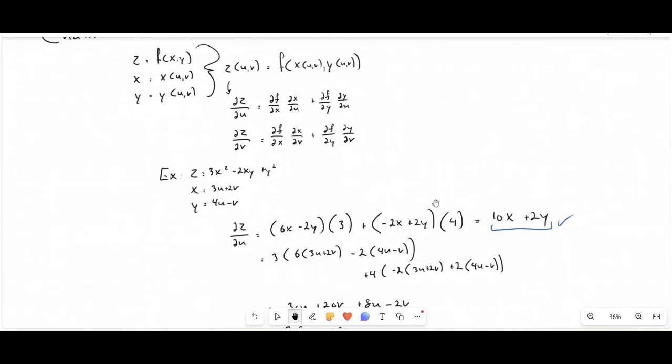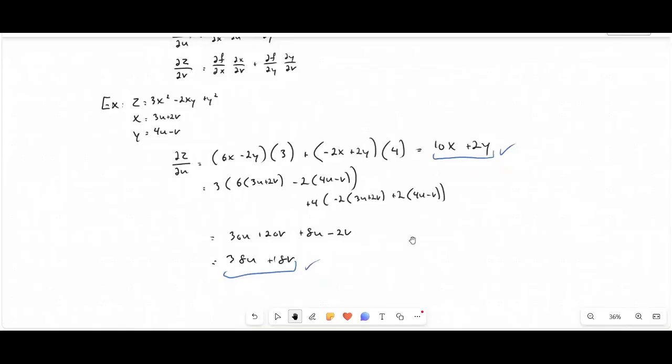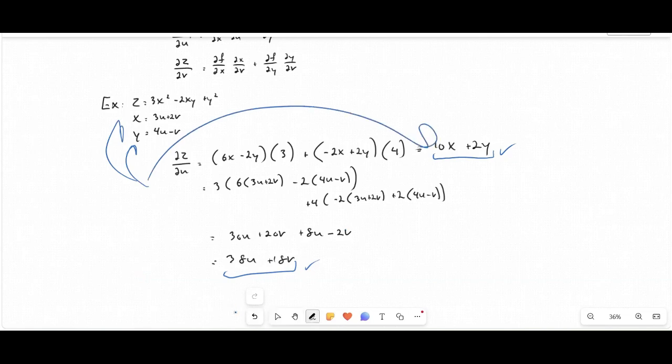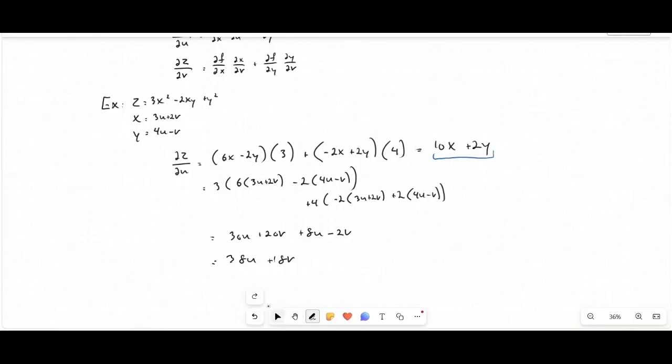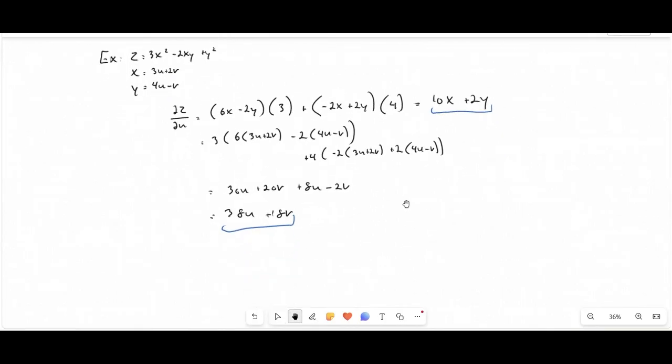What you really want to ask yourself is, did the problem ask me a follow-up where I need to evaluate this? Because if it says, evaluate it with u equals 1 and v equals 1, then you need this form, unless you want to take u and v, plug them back into x, and then plug those into the other. So if there's a follow-up question, try to be smart about picking the form that works for you. But none of them are wrong. You're not going to be wrong if you put this one instead of this one.